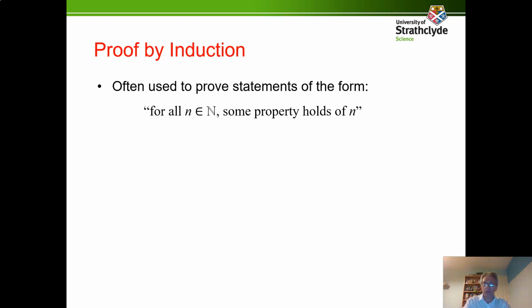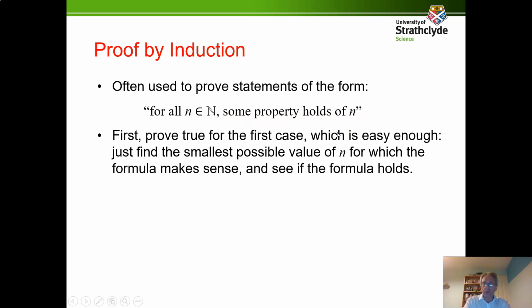So proof by induction is used to prove statements of the form: for all n which are members of the natural numbers, some property holds of n. And what we do is, first of all, we prove it true for the first case. That's easy enough.